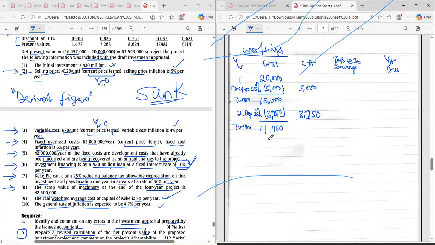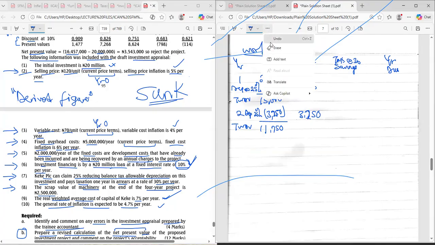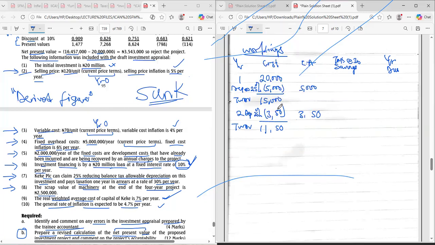Okay. So year 3, depreciation at 25%, I mean. That will be how much? 2,813. Abi. So that will give us how much? Are you getting it?